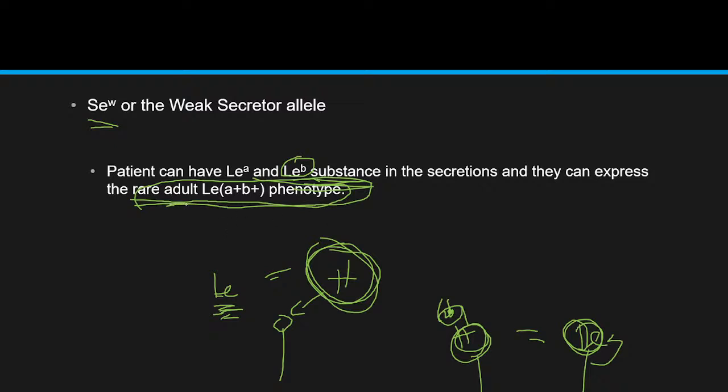Okay? Why is it rare in adults? Because in children, since they have weak expression of both the secretor and the Lewis gene, it's almost at the same level, similar to these patients.